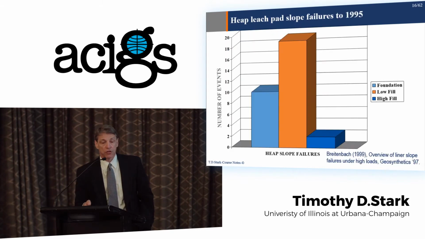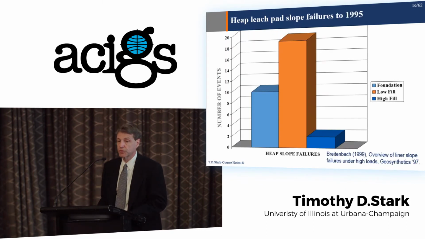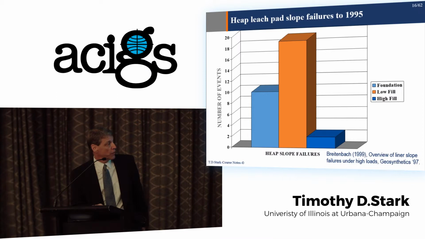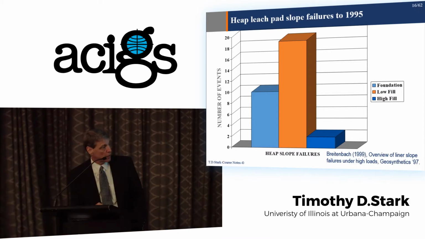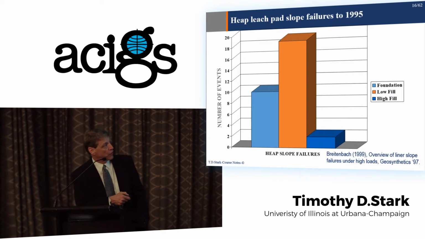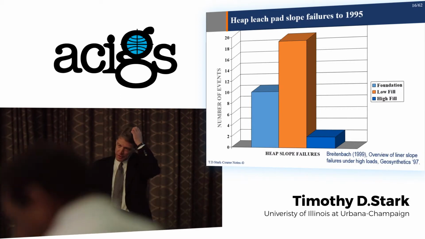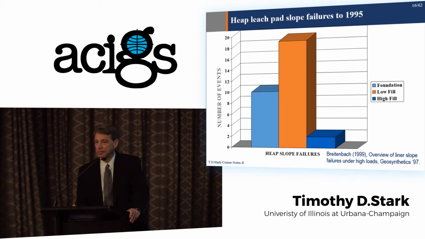Okay. So where are the problems developing? And this can help guide the design and review processes. So this is some data from, actually now it's about 20 years ago. So 3 modes of failure: foundation, low fill, high fill. So if you look at that, and the first time I saw it, I was like, boy, that doesn't really make sense to me, right?